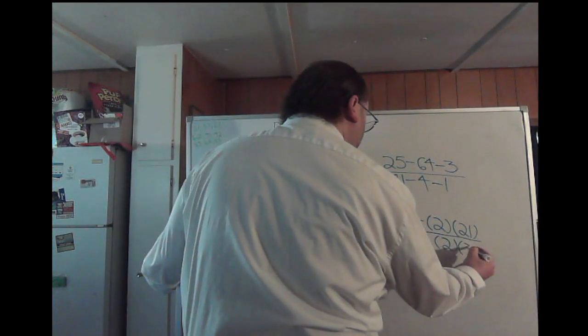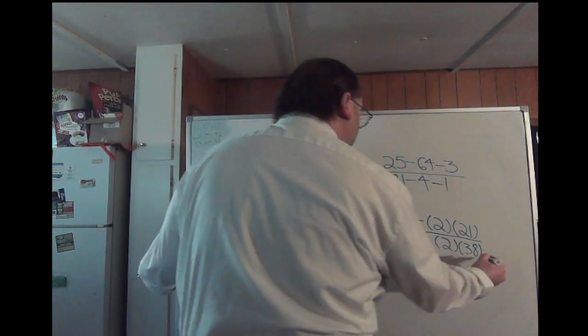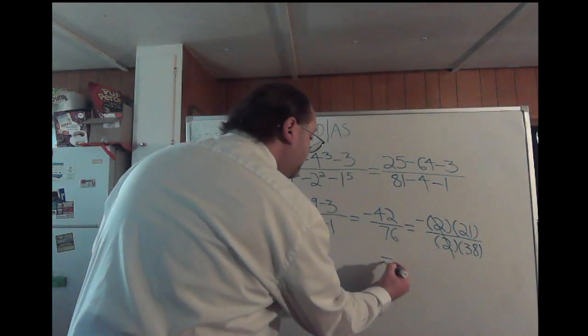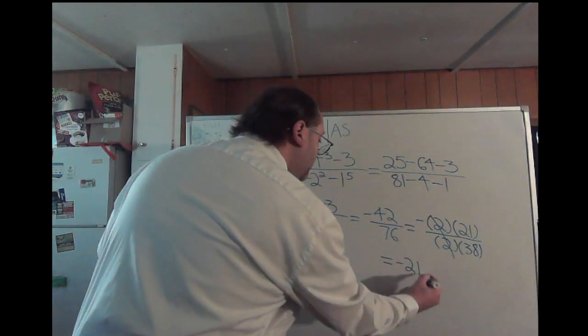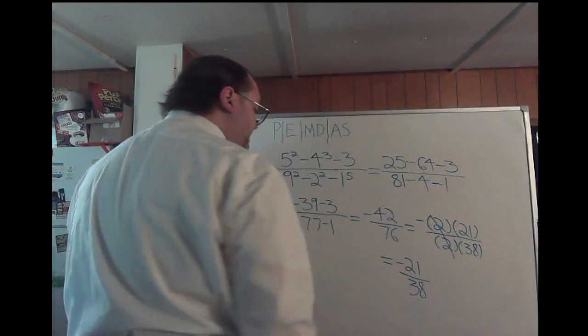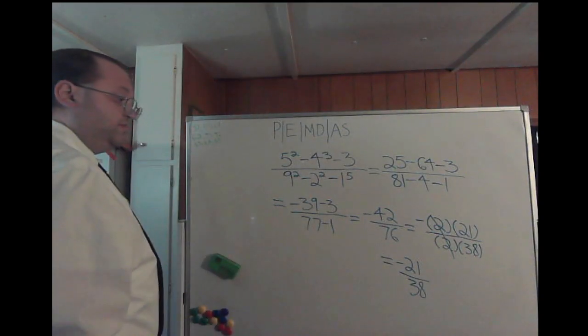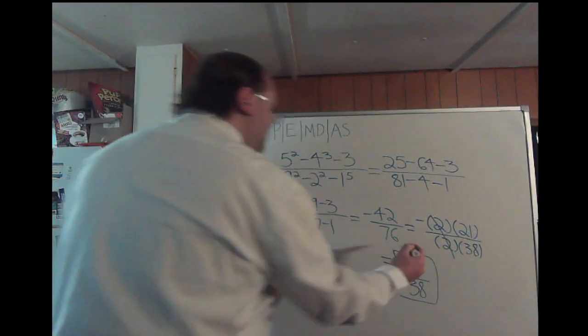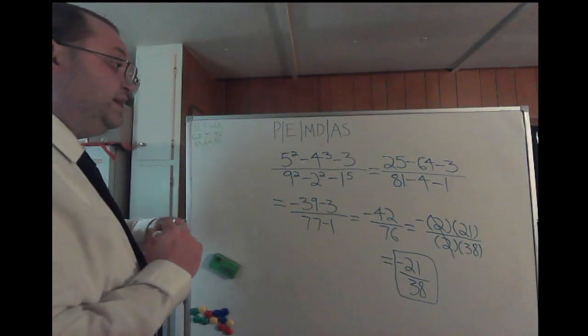That's going to be 38, right? Well, your 2's are going to cancel out, so all you're going to be left with is negative 21 over 38. And 21 and 38 do not have any factors in common to factor out, so it's in its simplest form. The answer to this problem is negative 21/38.